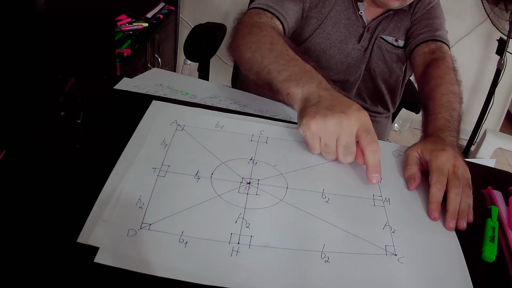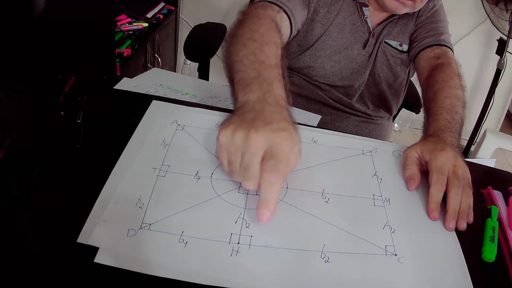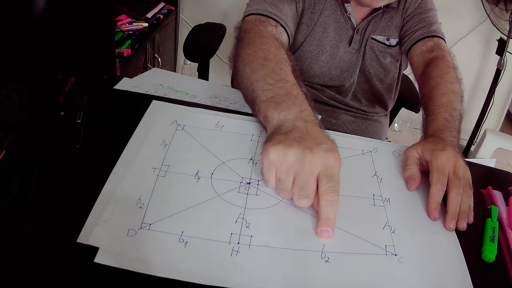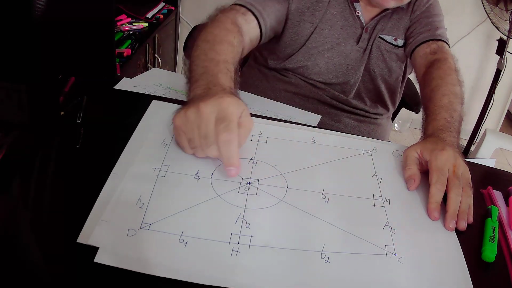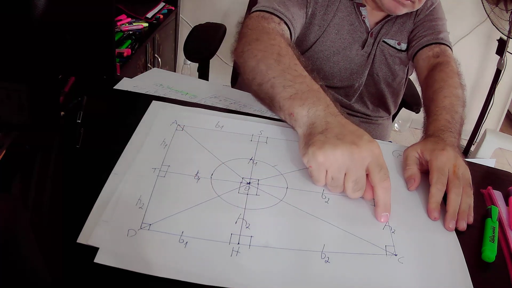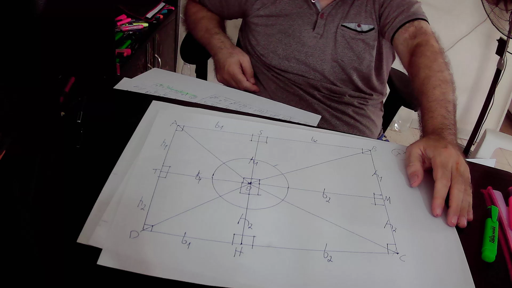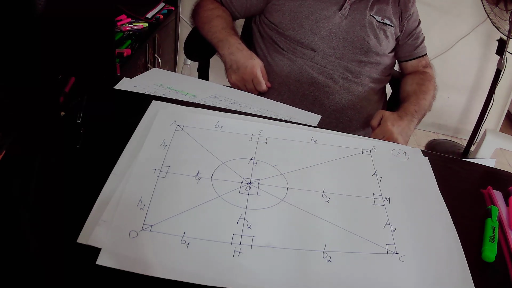Likewise, in rectangle OMCH, OM equals B2, therefore HC must also equal B2. Likewise, OH must equal MC, but we know that OH equals H2, therefore MC must also equal H2.